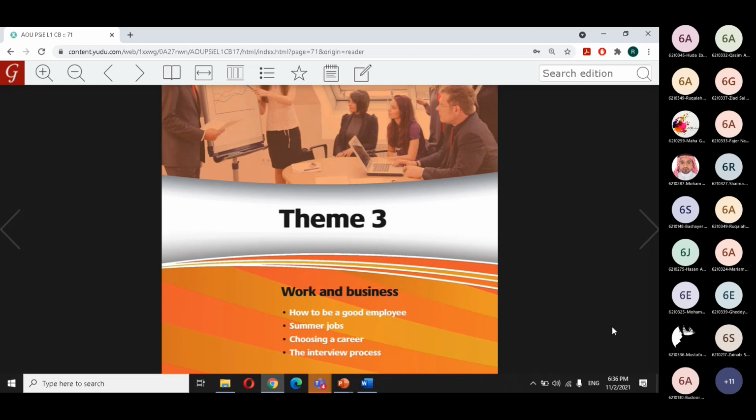We have finished theme 1 and theme 2. As you remember, theme 1 was about education. Okay? All the vocabulary and everything in unit 1 and theme 1 was about education. And the writing was personal statement. And then we moved to theme 2.